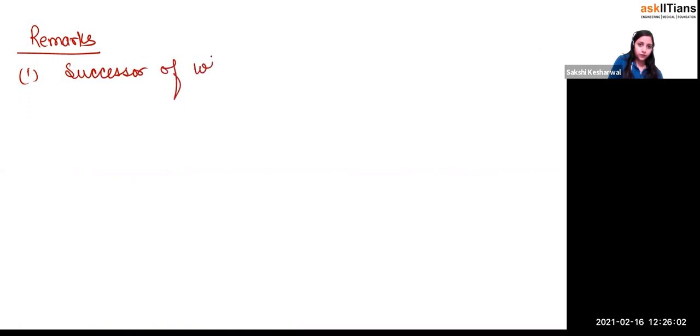Okay, so what are the remarks that you should have? First remark: the successor of a whole number is equal to the given whole number plus 1, right? You just have to add 1.